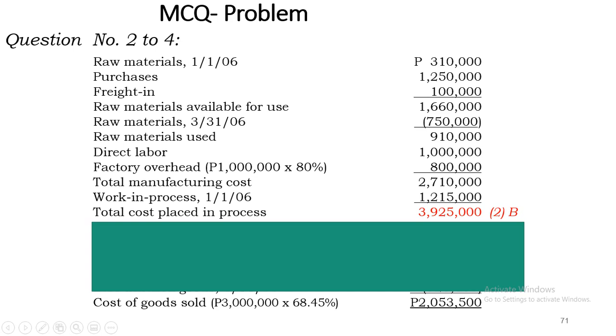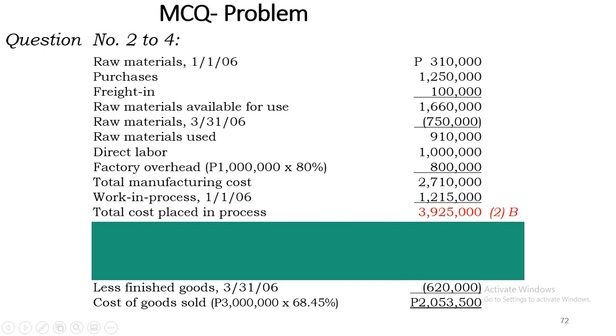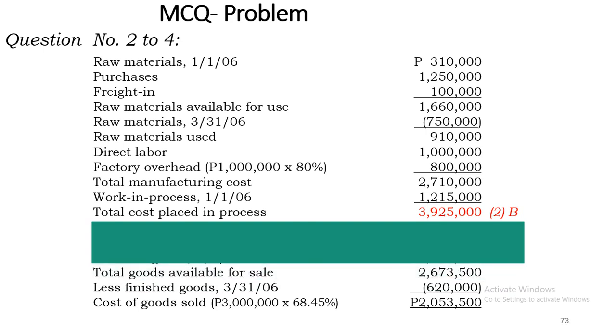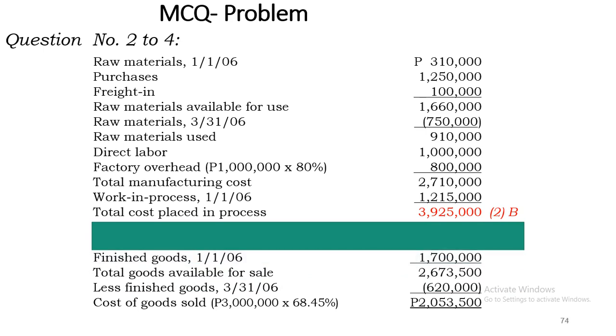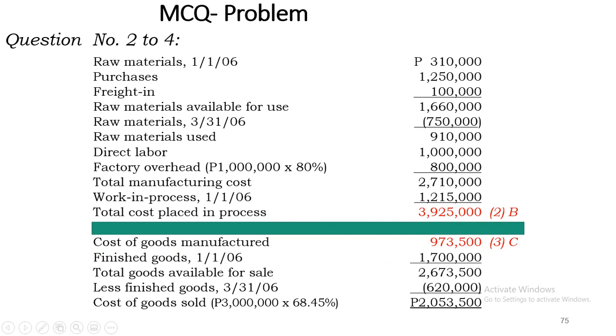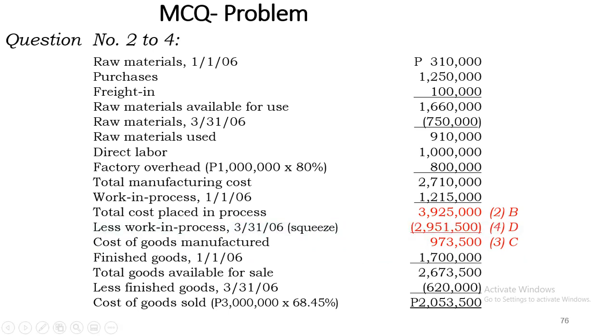Then add finished goods ending to compute for total goods available for sale, and less the beginning finished goods to compute for the cost of goods manufactured. So this is the answer for number 3. That's why the answer for number 4, or the total loss work in process, is 2,951,500.